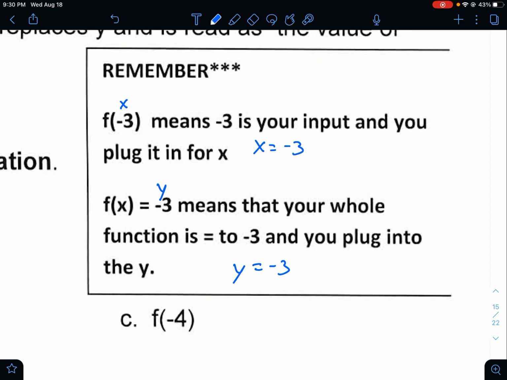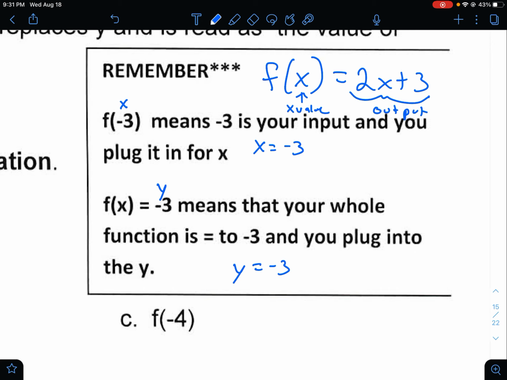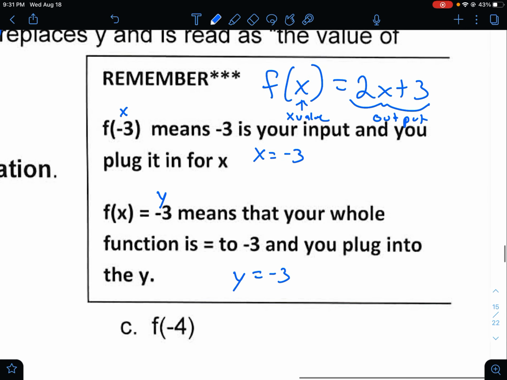So keep in mind, for f of x equals, I'll just make up a function, 2x plus 3, this is your x value, and then what it equals is your output. Another way to think of it: let's say we say f of 2 equals 10.